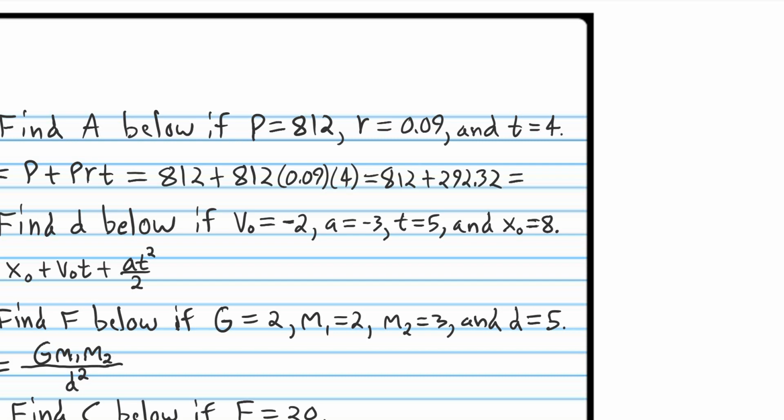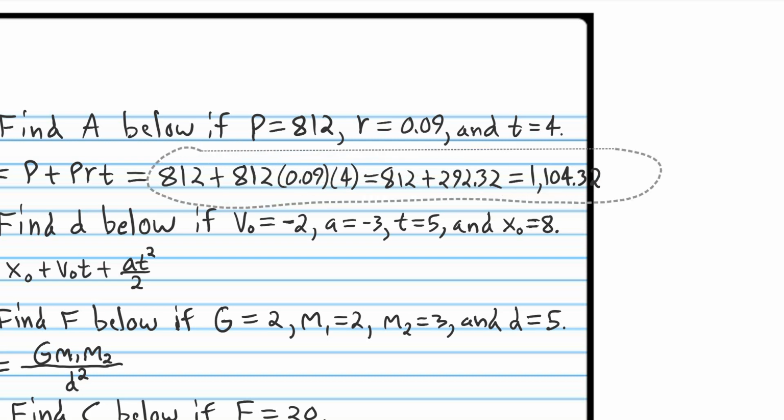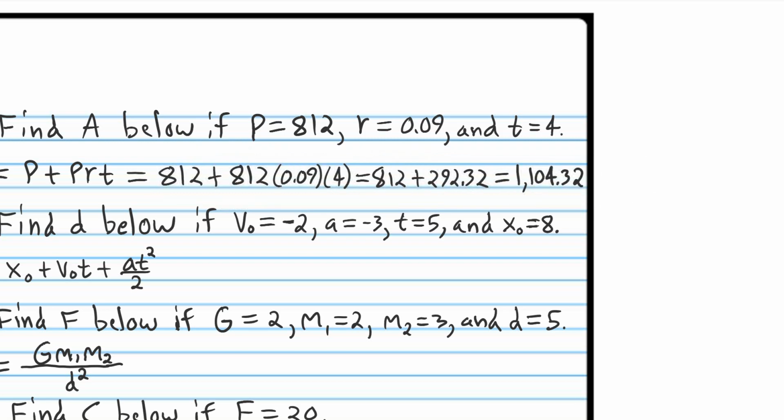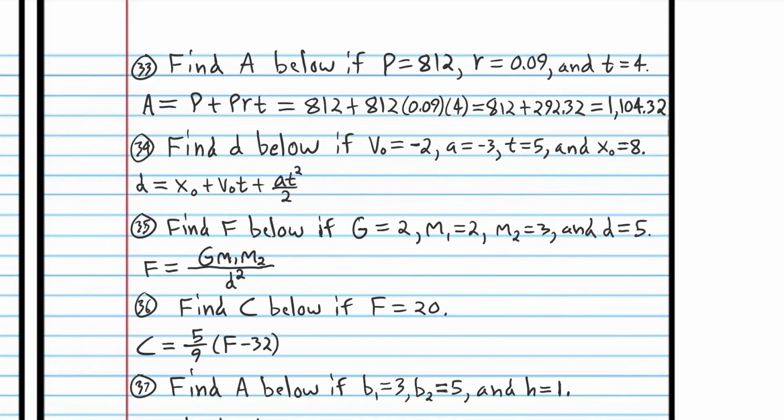So now we add that to 812. 292.32 plus 812 is, I got 1,104.32. So I'm going to shrink this stuff a little bit. So that was my answer. So if you got that answer, good job.